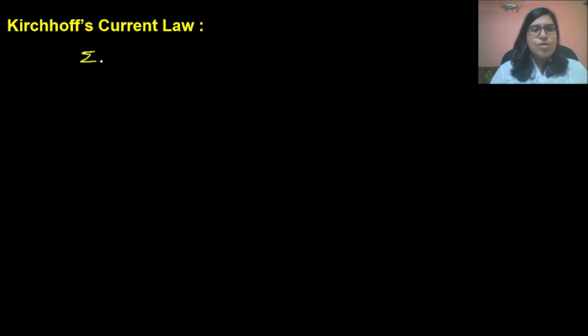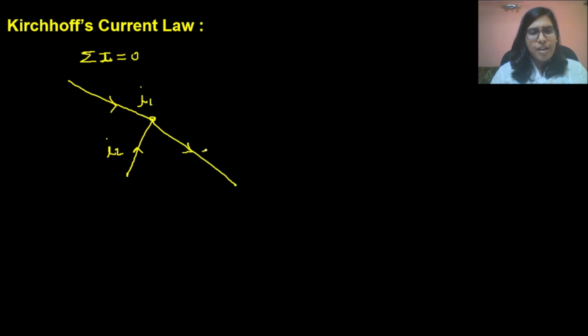So suppose we have a part of a circuit. Suppose in this branch current I1 is coming to the node, in this branch current I2 is coming to the node, in this branch current I3 is going from the node, and in this branch current is I4 going out, and let's take one more branch, current I5 is coming.